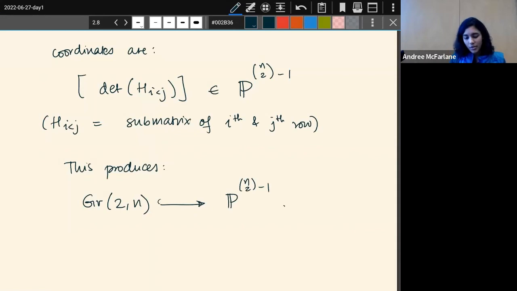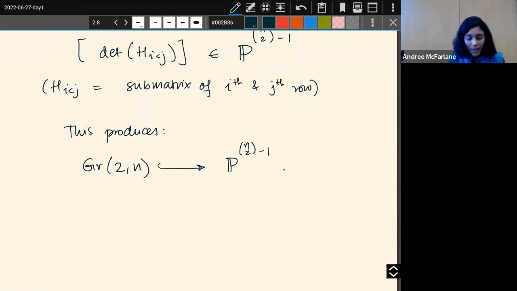And so again, we'll leave that as an exercise. This is called the Plücker map. And in fact, it's an algebraic embedding. So it realizes the Grassmannian as an algebraic subvariety of a big projective space.